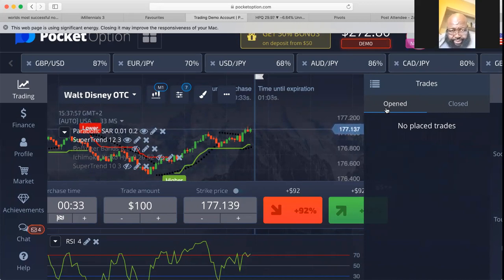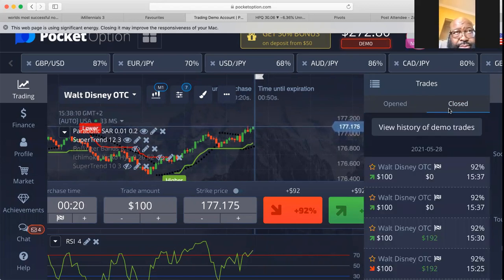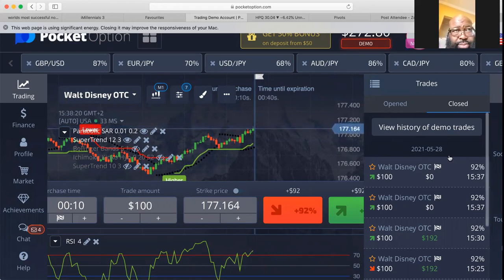Now I see it. You see where it says open? I want you to click on close trades, and I want you to count all the trades that you took for the day.